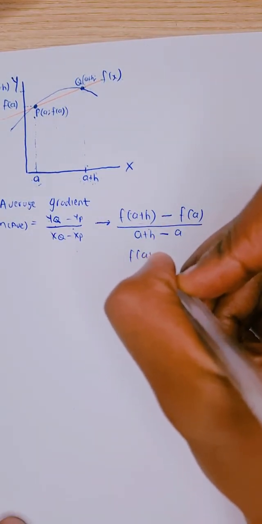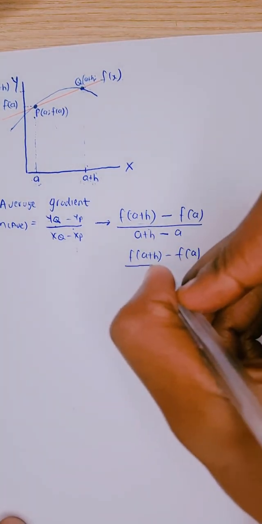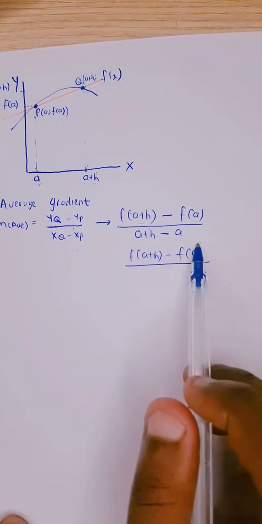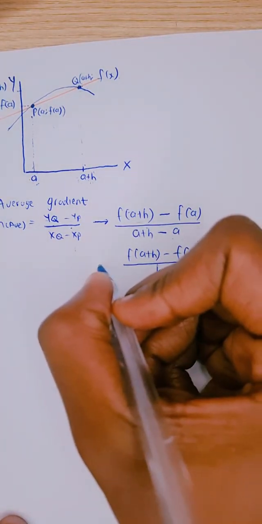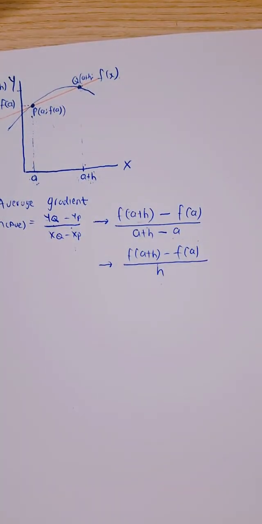Simplified, this is f of a plus h minus f of a, all over... if we look at like terms here, a plus h minus a gives us h. This should be a very familiar outcome, okay?